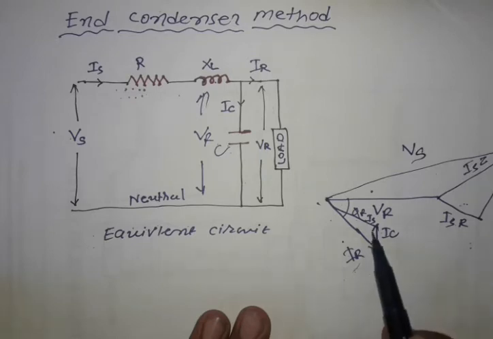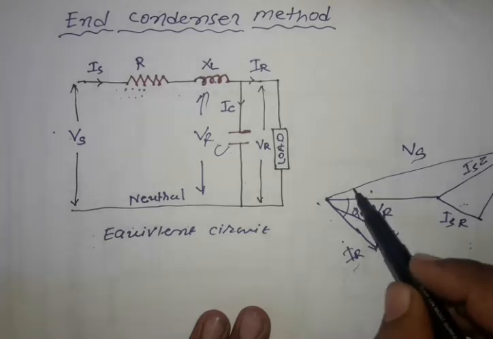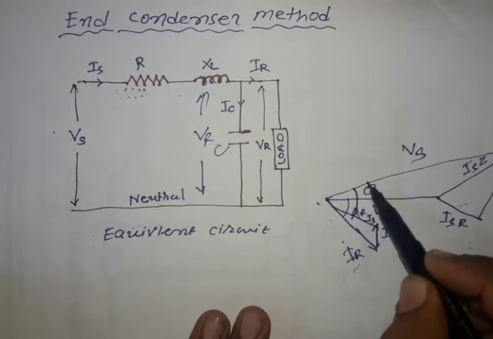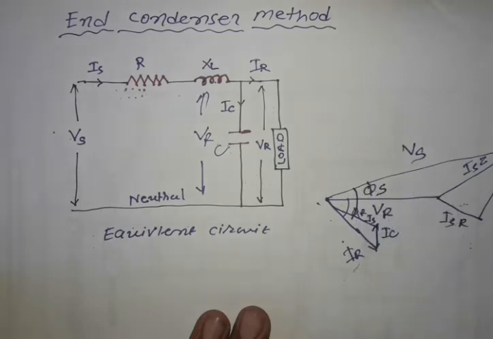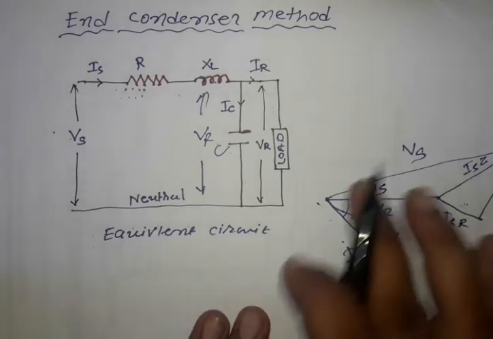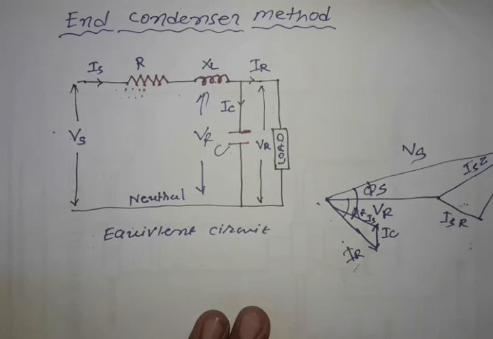The angle between the sending end current and sending end voltage is called angle phi s, which is our sending end power factor angle, and from it we find the power factor. So here is the phasor diagram for the conventional method.